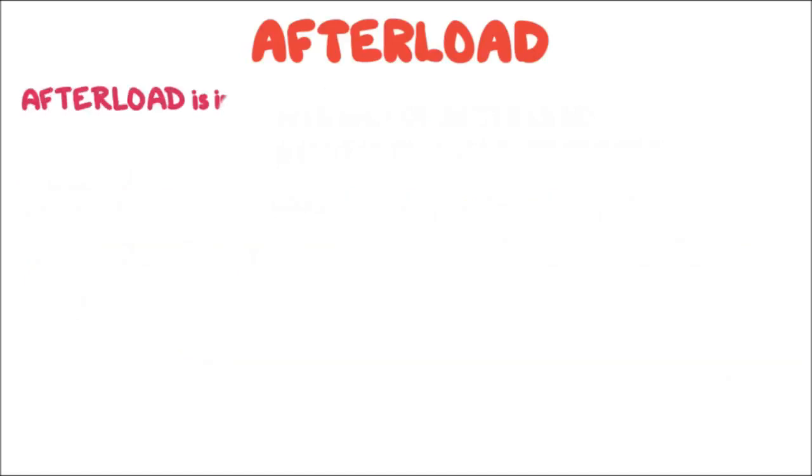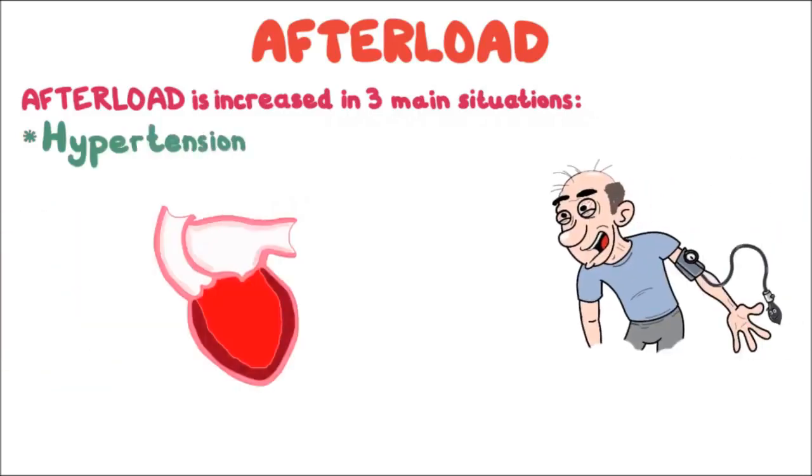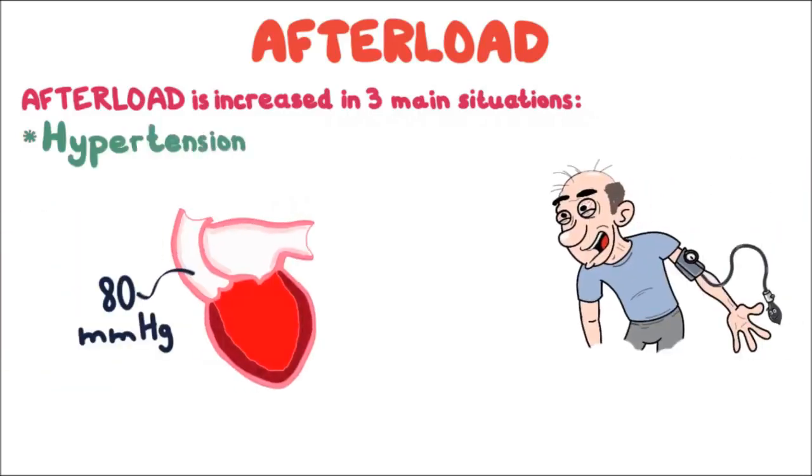There are three situations where afterload increases. First, hypertension. In a hypertension, because the diastolic blood pressure increases more than 80 mm of mercury, suppose up to 120 mm of mercury, the ventricle should contract more forcefully to pressurize more than 120 mm of mercury and overcome the elevated aortic pressure.